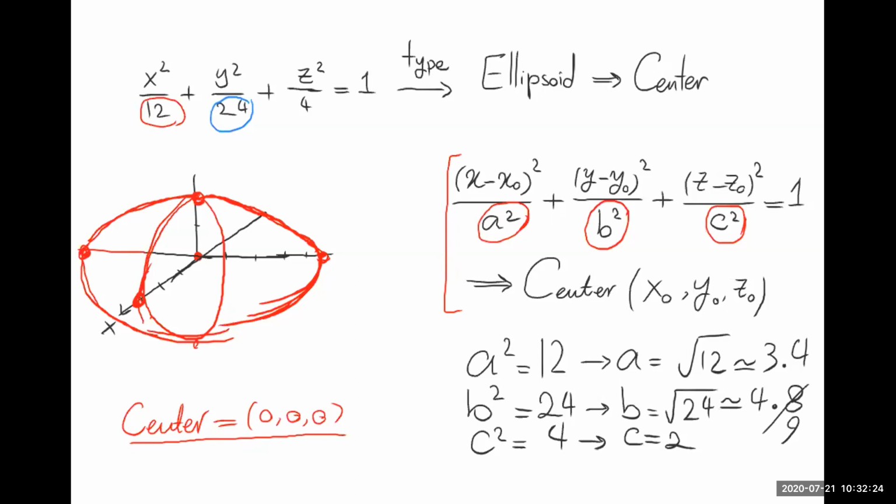Well, I mean it's symmetric, right? Like a circle. If it passes through this point, it would pass through this point too. It might not be obvious in my drawing, but it's like a sphere or an ellipsoid. They're symmetric.